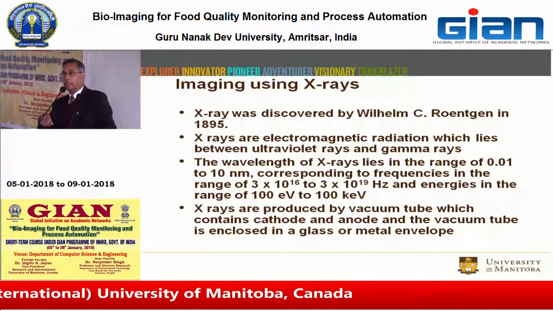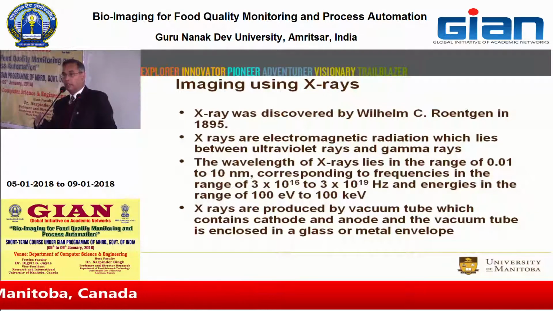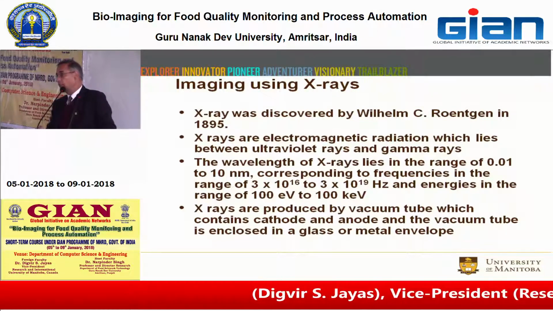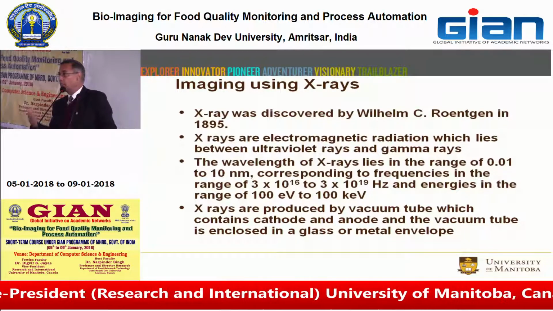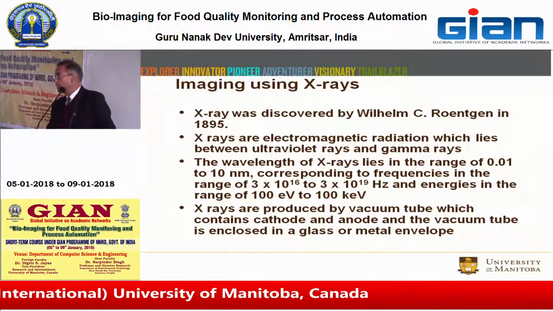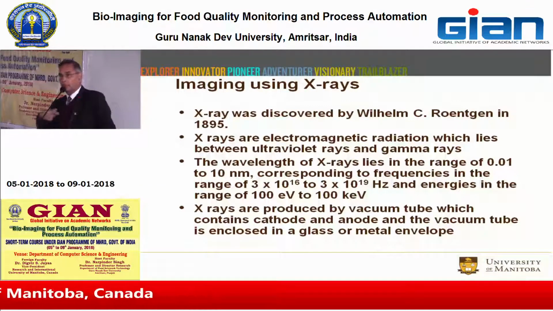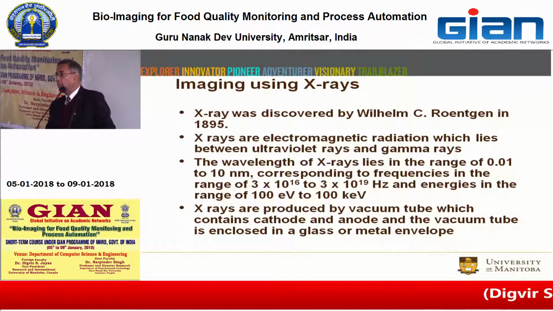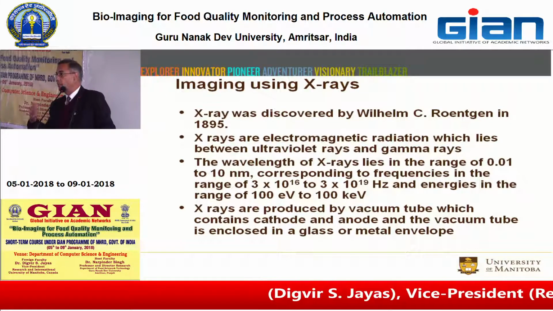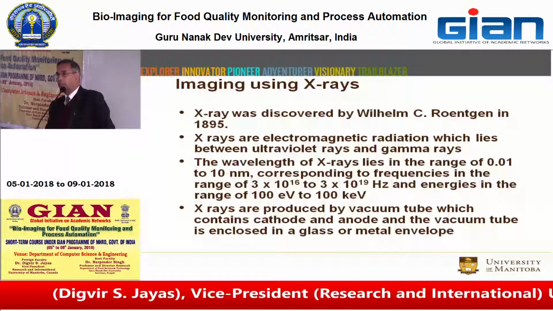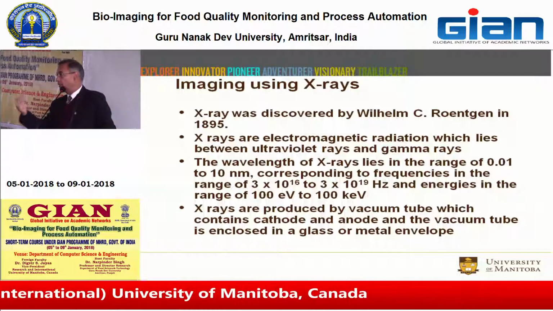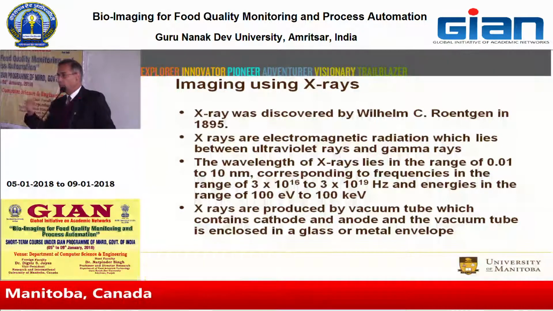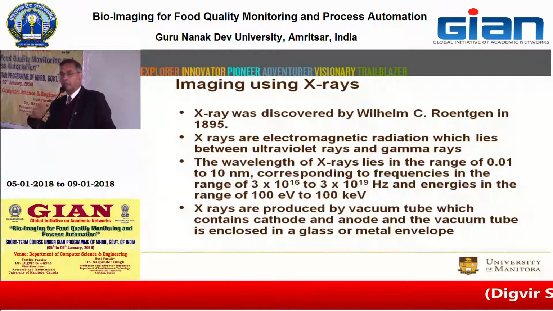Okay. Then X-rays are produced in a vacuum tube where you have a cathode and anode. Typically the electrons are produced from the cathode and attracted by the anode, and when they strike the anode, that's when the X-rays are released. Typically you need a very good glass or metal container so that the X-rays don't leak, because it has certainly been shown that a significant amount of exposure to X-rays can become carcinogenic.